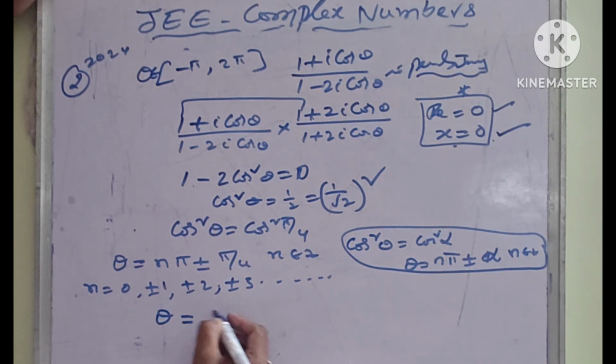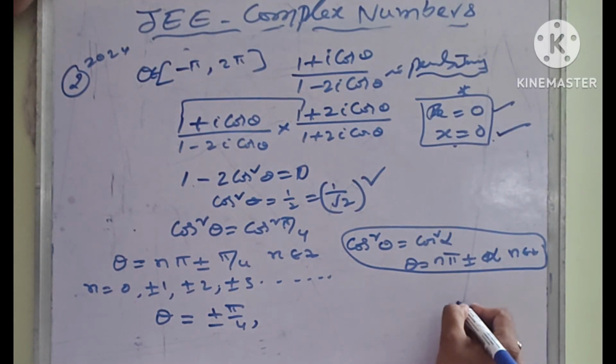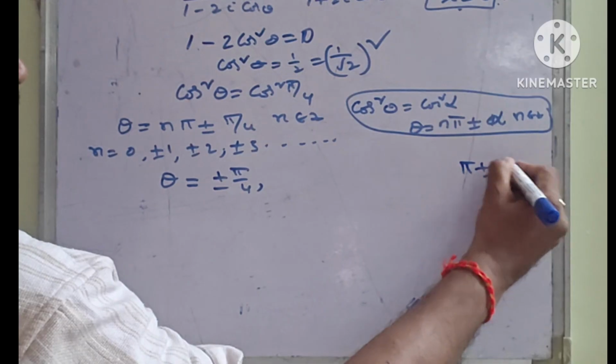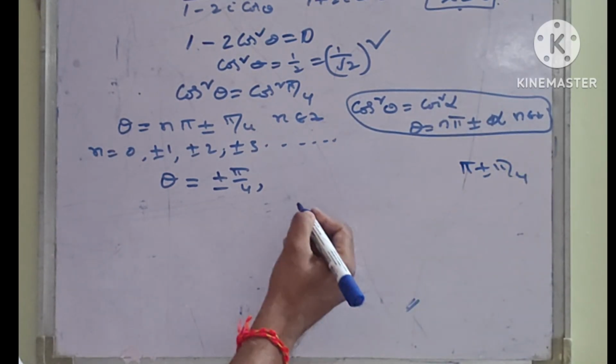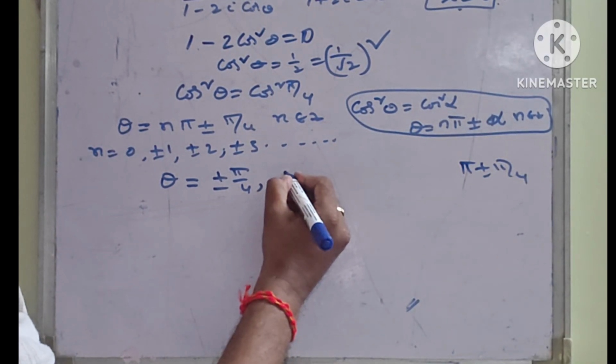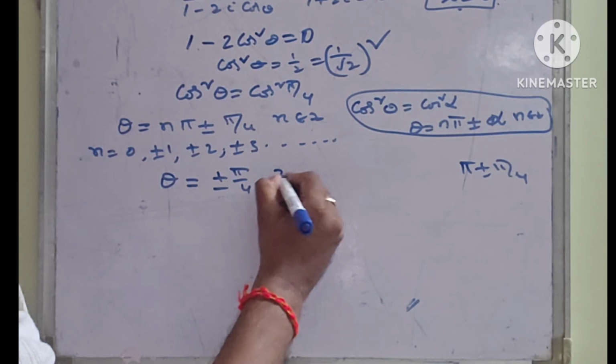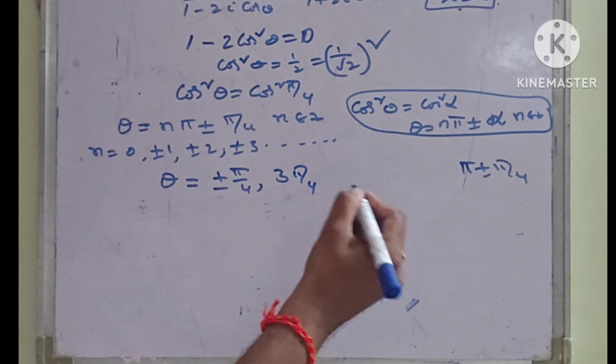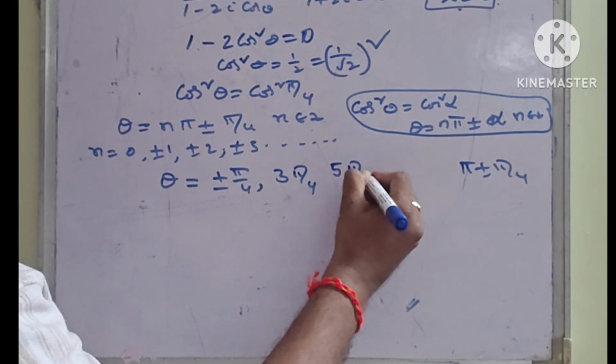Then theta is equal to, where n is 0, plus or minus pi by 4. So n is equal to 1: pi plus or minus pi by 4. Now LCM is 4. So 4 pi minus pi, 3 pi by 4. So 4 pi plus pi, 5 pi by 4.